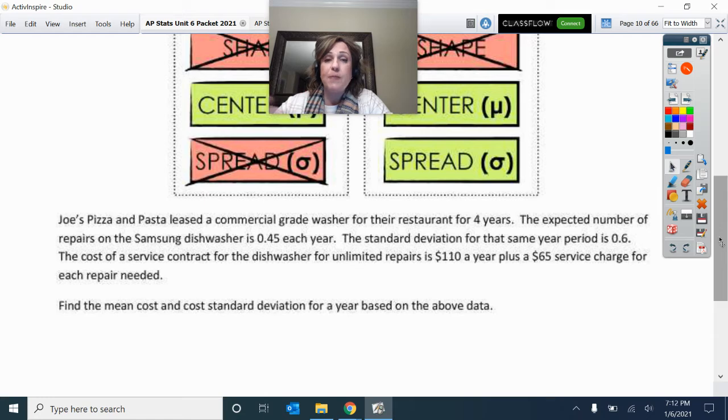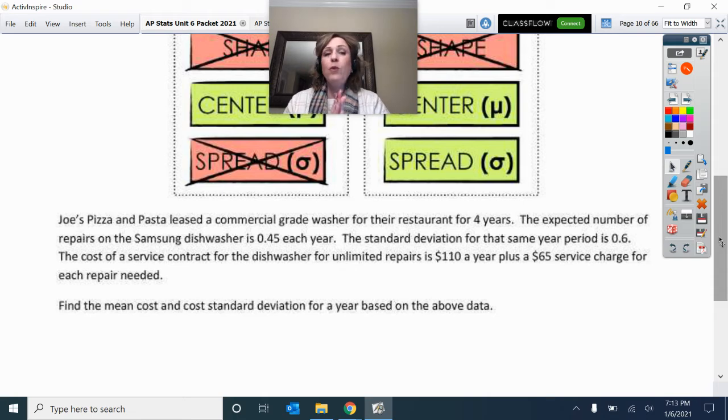They've researched it, and they know the expected number, or average number, of repairs this dishwasher has is 0.45 each year, in the long run. The standard deviation is 0.6.